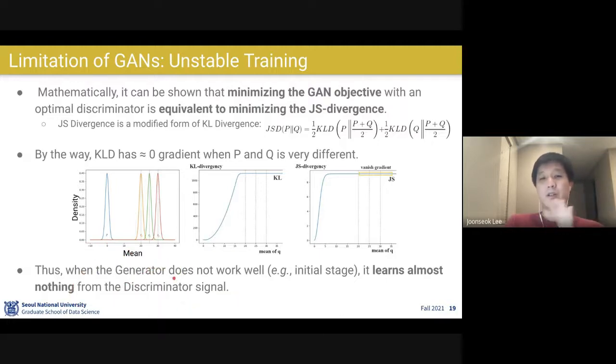When the generator does not work well at the initial stage, it learns almost nothing from the discriminator signal. And intuitively, that sounds correct, because at the beginning, we know that discriminating a real-life image and the fake image is really easy, but generating some real-life image is a much harder task.